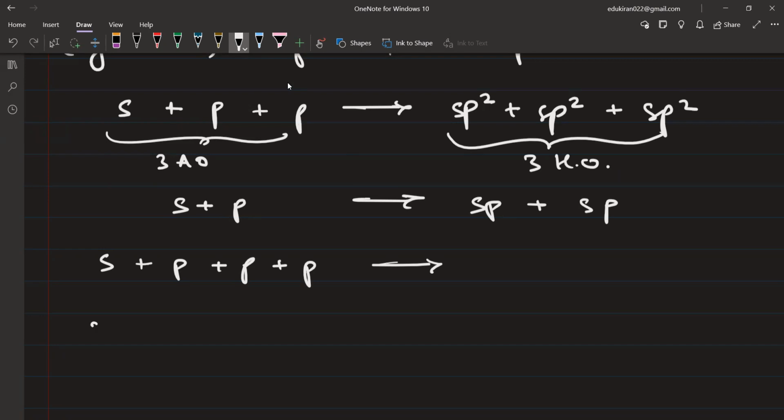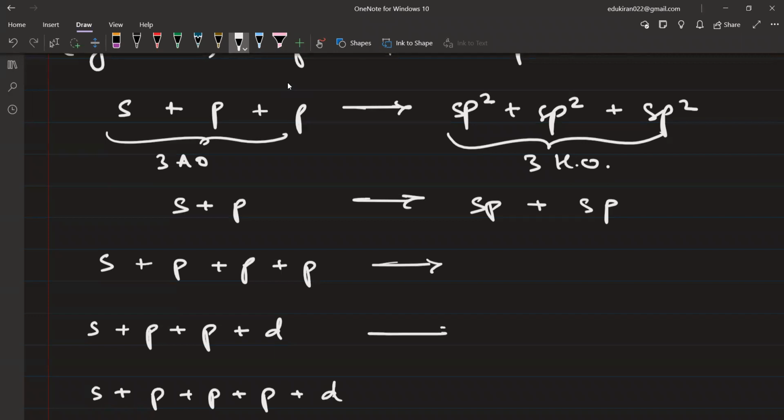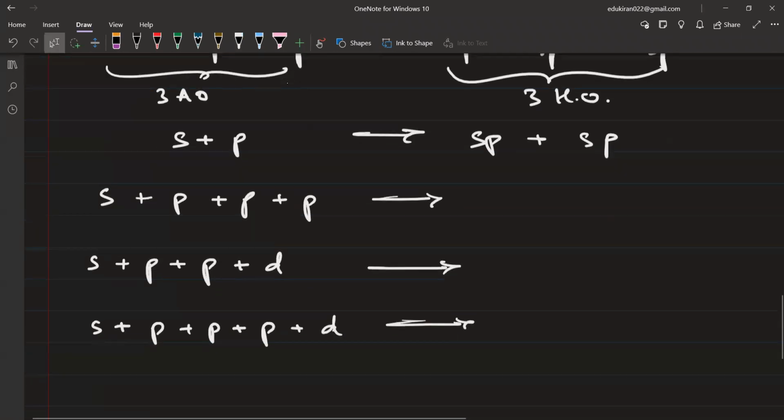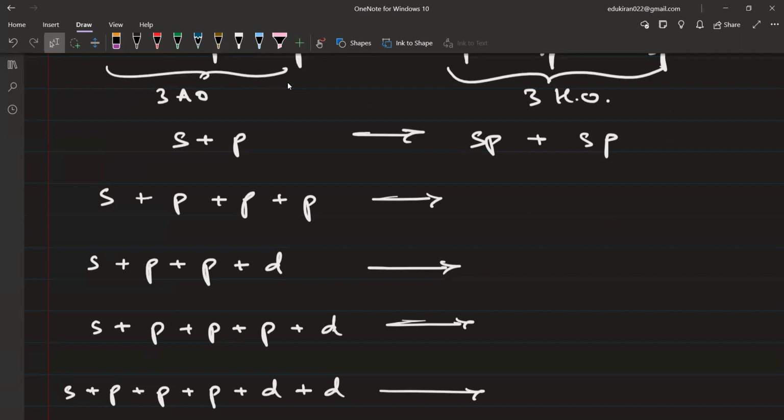And then if you have, for example, let us say s plus p plus d, s plus p plus d, s plus p plus d plus d. For this last one, there will be 5 orbitals, we can write 5 sp3d2 hybrid orbitals will be formed. You can write like this, okay? What could you have written for this? 2 sp orbitals.